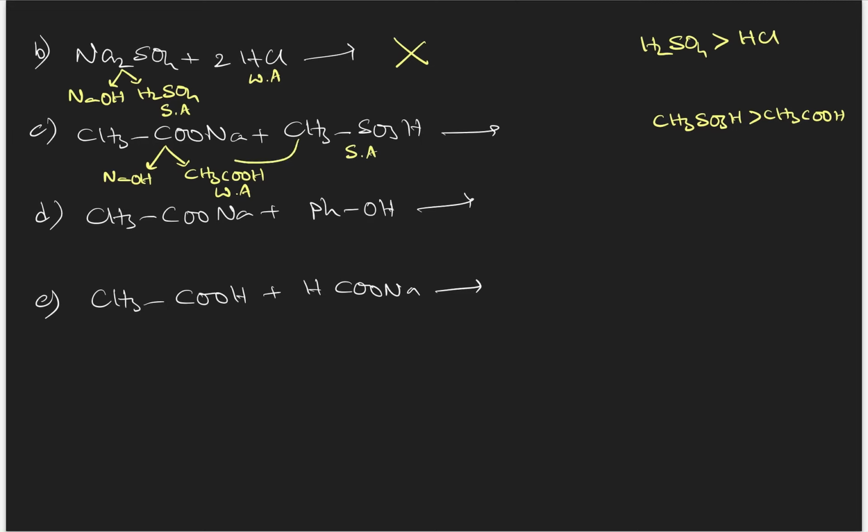A stronger acid can replace a weaker acid from the salt. Therefore, the reaction is feasible here and the products formed will be the salt of methane sulfonic acid and NaOH, that is CH3SO3Na, plus CH3COOH. The weak acid came out from the salt.